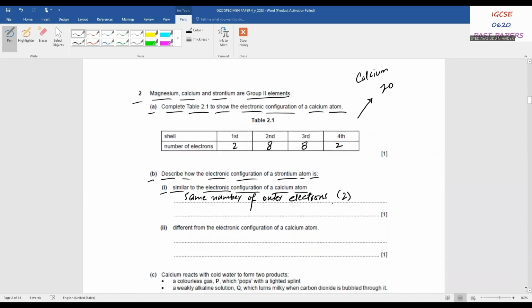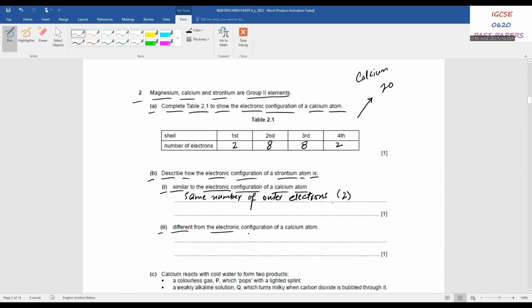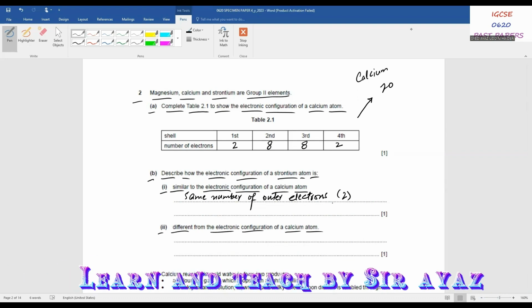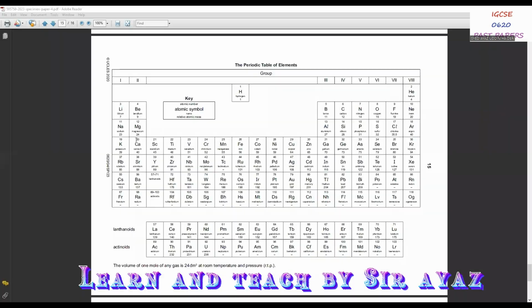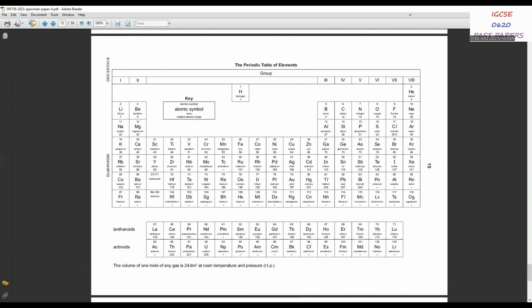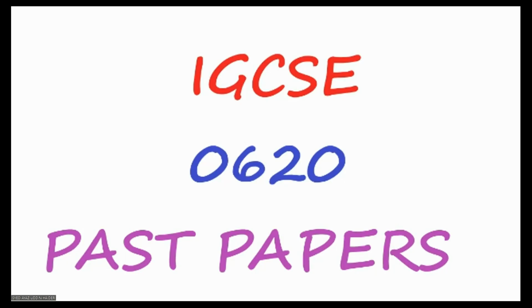Next point, different from the electronic configuration of a calcium atom. So it's very easy. Look at the position of these two elements. Here you have calcium and this is strontium. So strontium is below calcium.